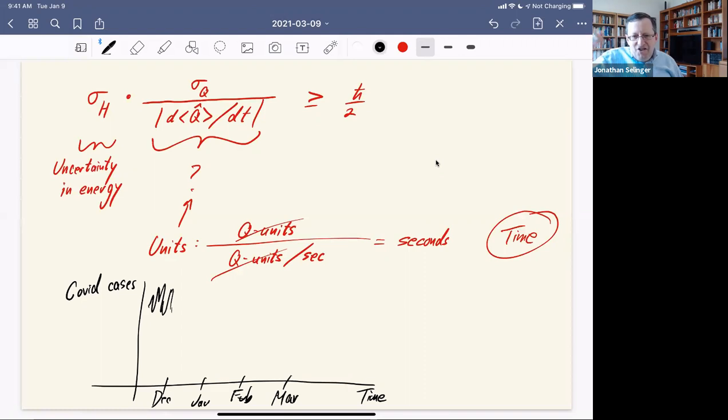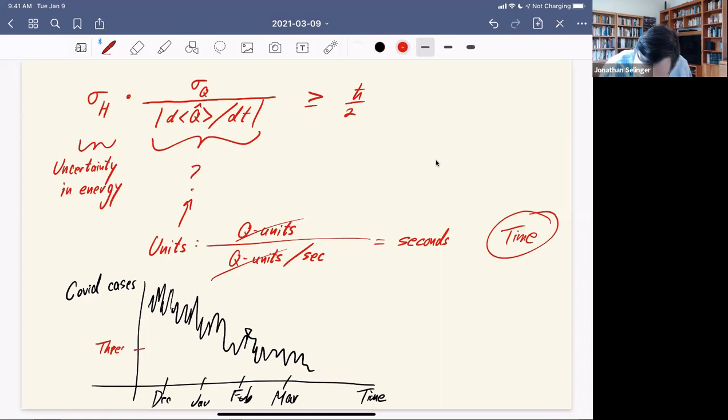It's not constant. That scatter corresponds to some uncertainty in the COVID case rate, and then maybe that's gradually changing as a function of time. So maybe the plot looks something like this. Now we might ask, when does the COVID case rate get below a certain threshold?